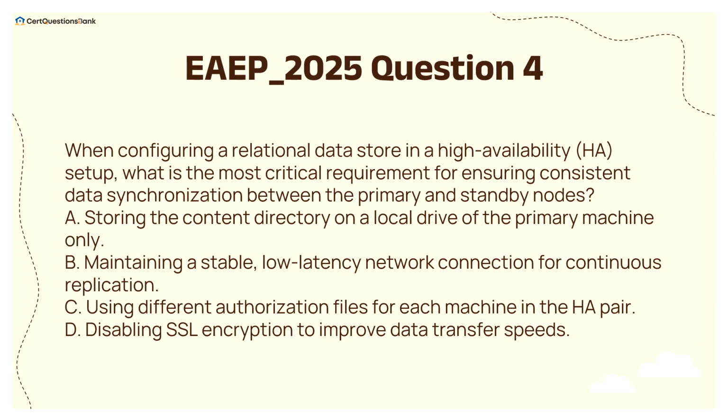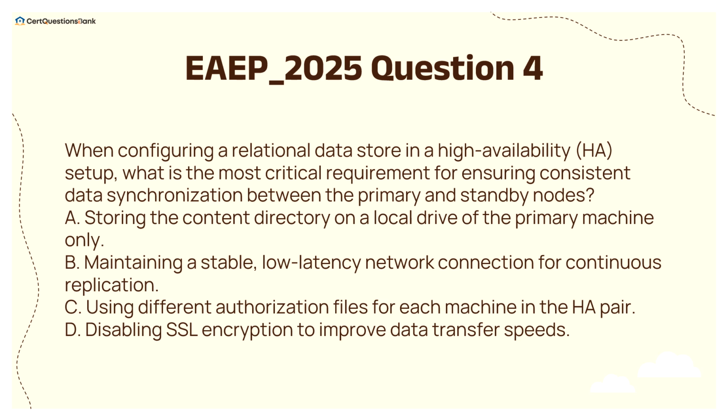When configuring a relational data store in a high-availability (HA) setup, what is the most critical requirement for ensuring consistent data synchronization between the primary and standby nodes? A. Storing the content directory on a local drive of the primary machine only.